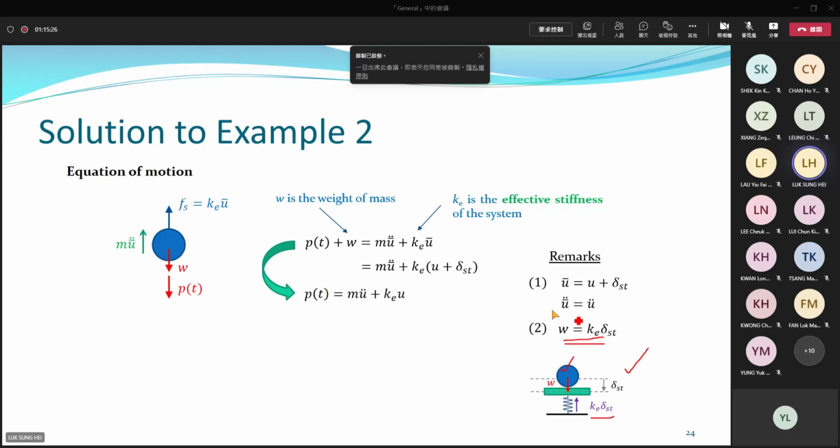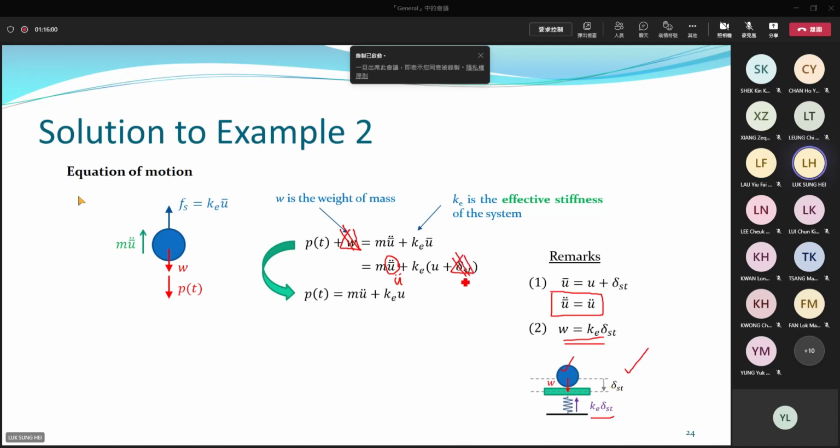So we put this property back into the formula. U bar double dot equal to U double dot, right, because of this equation. And then W on the left-hand side is equal to KE times delta ST. So you can cancel out W and KE delta ST on the right-hand side of these equations.